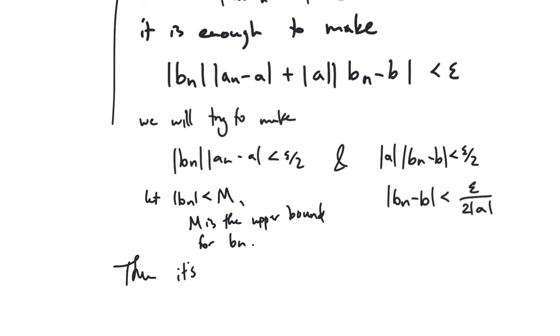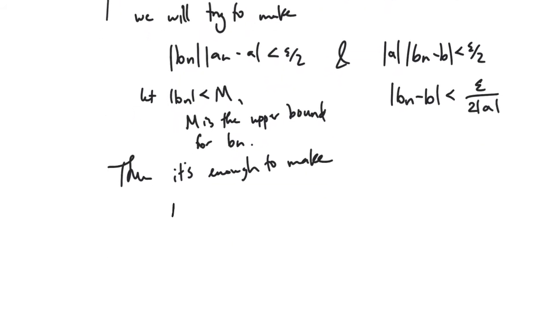Then it's enough to make M times |an minus a| less than epsilon over 2. And this we can solve for |an minus a| less than epsilon over M times 2, or 2M, I guess, to make it look like the other one.